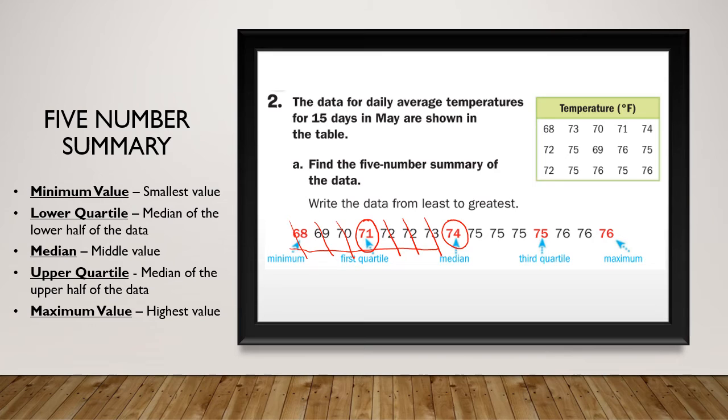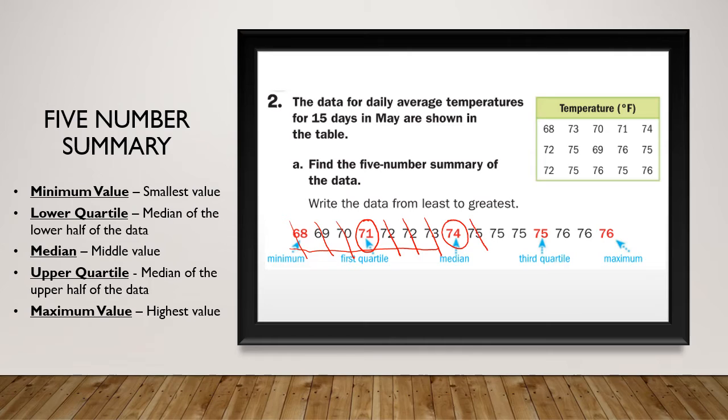And sometimes, like in the last video, there are two numbers that you need to add together and then divide by 2 in order to find some of these medians. So just keep that in mind as you go. I'm going to do the same thing to find the third quartile.